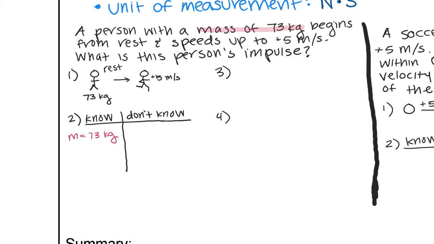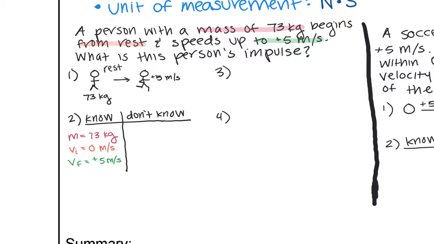They're starting from rest here, which means that their initial velocity, their starting velocity, so I'm going to write vi for initial velocity, is 0 meters per second. Then they speed up to positive 5 meters per second. So they are starting from rest and then they speed up. That tells us that the final velocity, which I will write vf, is equal to positive 5 meters per second.